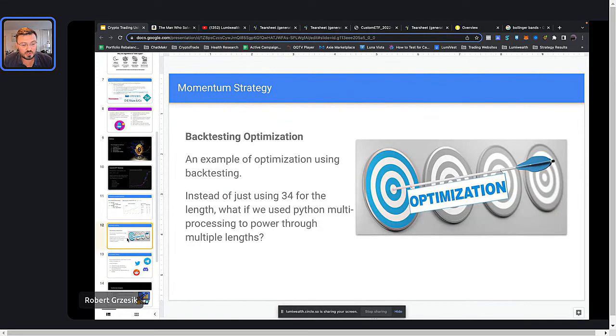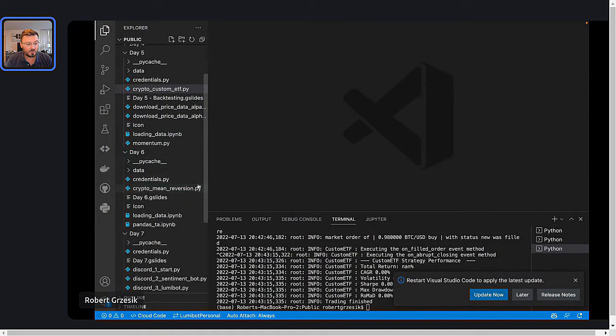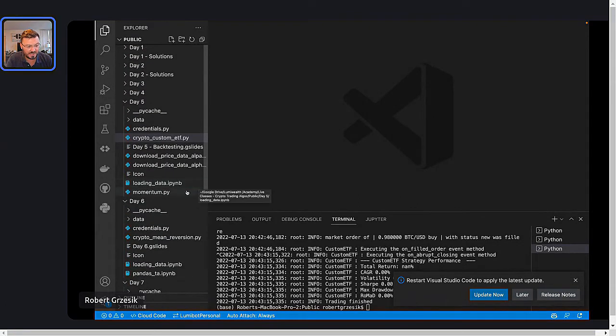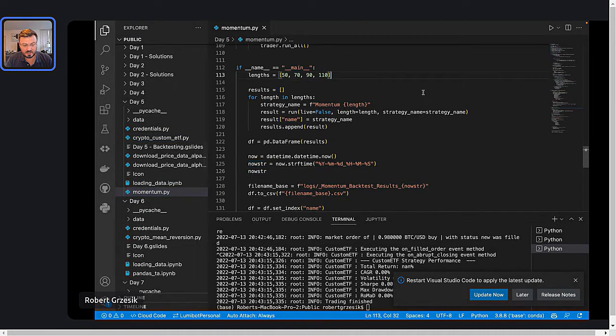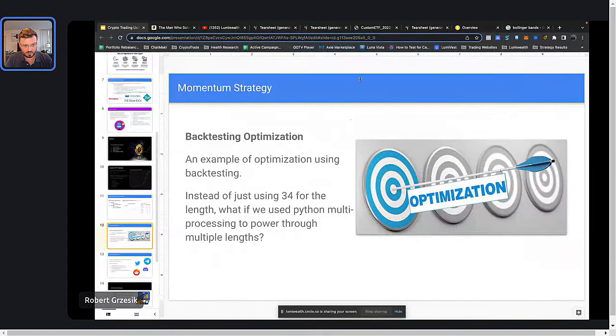Here's another thing I want to show you, and this is less of a strategy that I want to use, but I want to show you the capabilities of our technology. I want to show you what our tech can do, and that you can really customize your stuff and hone in on your strategies. So here's this momentum strategy, and I'm going to run the backtest while I'm speaking and describing it.